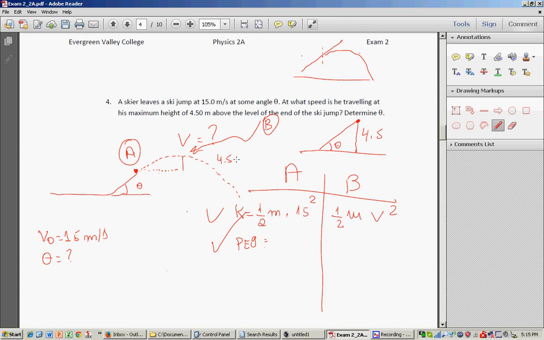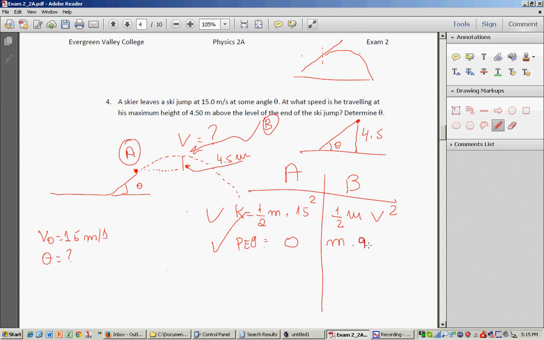Okay, let me erase this much, and right. So this is 4.5. 4.5 meters is right here. This is the height. Okay, so with respect to the ground level of where the ski jumper jumps, the gravitational potential energy at that point is zero joules.